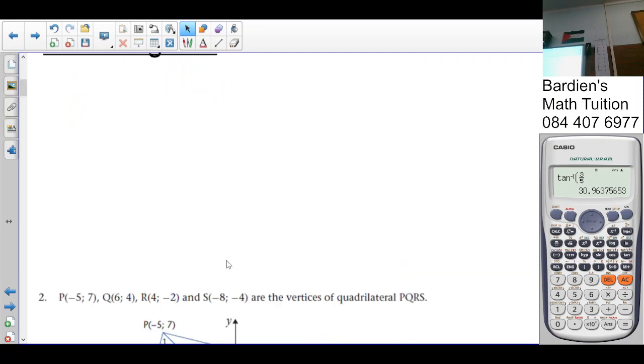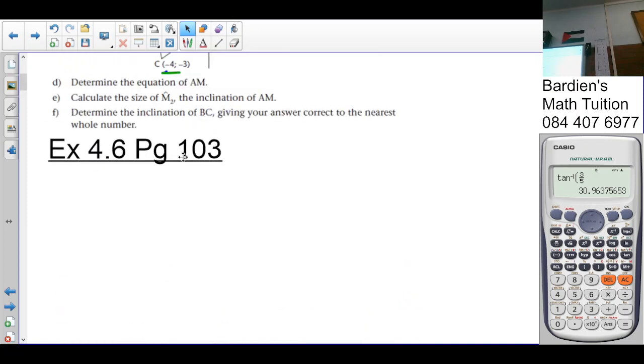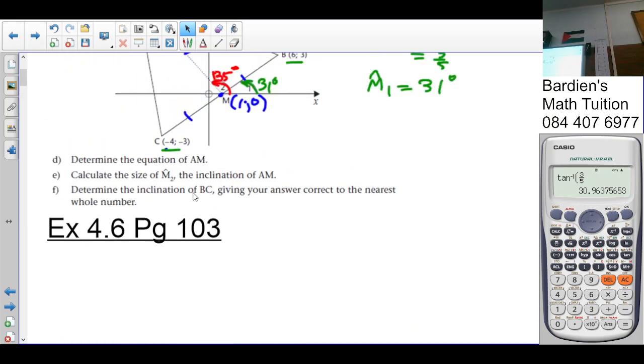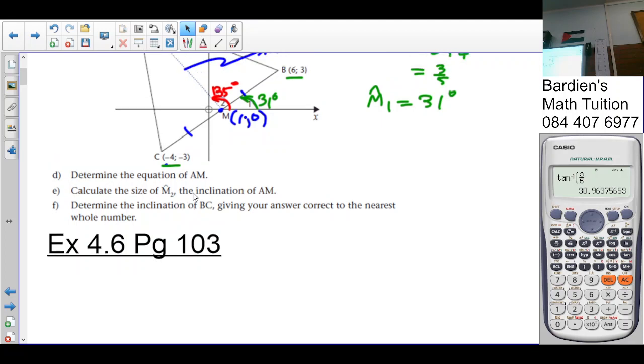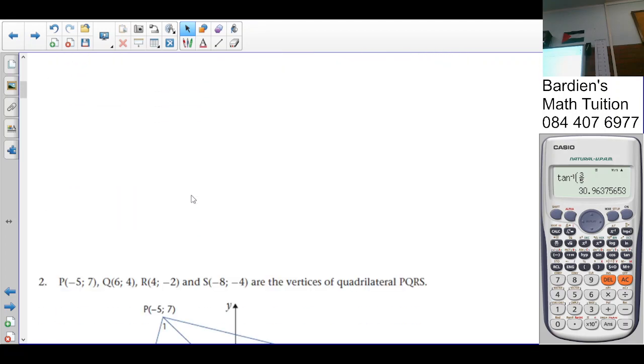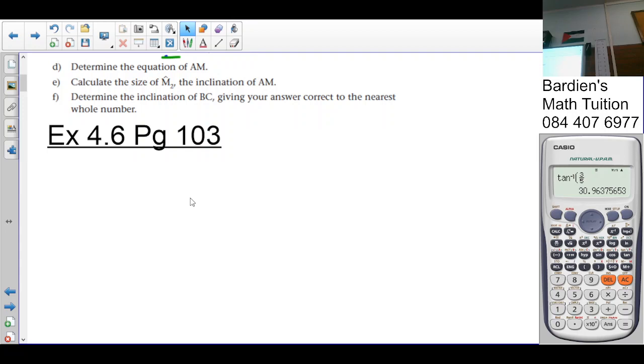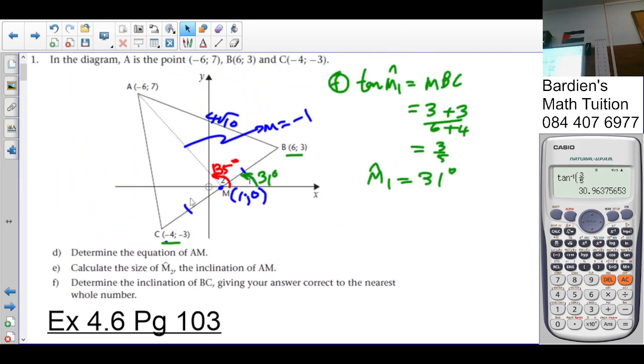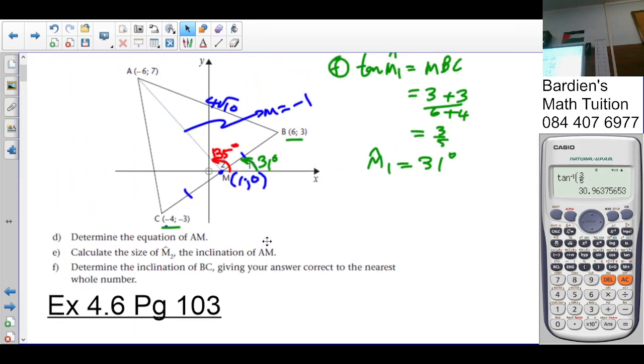Is there another question to this? G. It says determine the size of AMB. That's a question that many learners who are asked to do this exercise have a problem with.